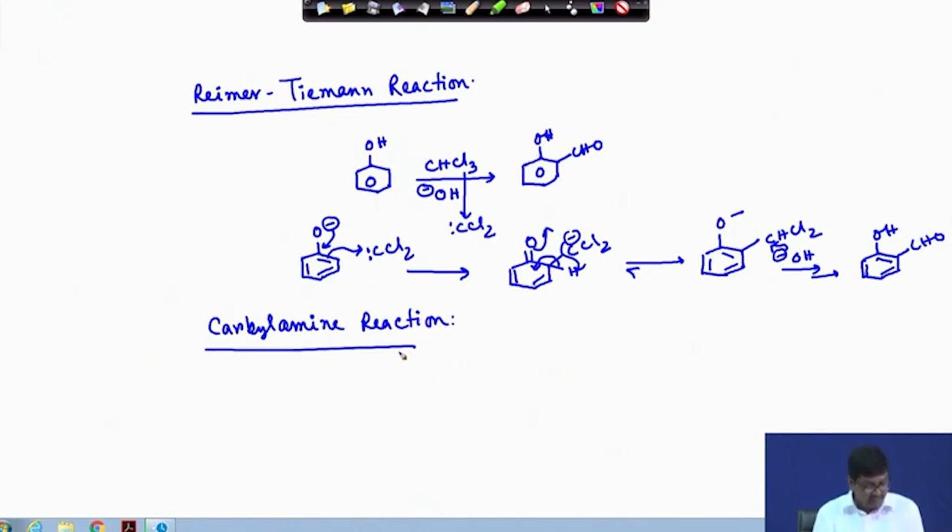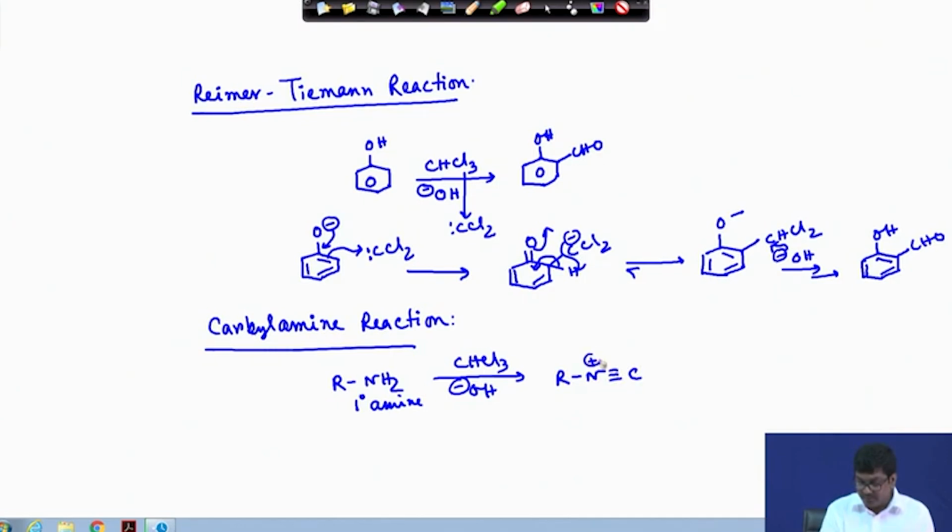So, in this case, in the carbylamine reaction, the starting material is a 1 degree amine or primary amine, okay. And again in presence of chloroform under basic medium, that gives the foul smelling isonitrile derivatives.